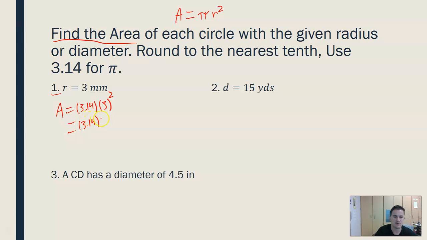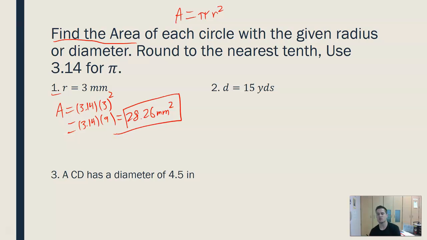So the area is 3.14 times 9. 3.14 times 9 is 28.26 millimeters squared. When we're talking about area, we're talking about squared units. So whenever we write the units of an area, we write the units squared. So 28.26 millimeters squared. Or in other words, that's how many square millimeters I could fit over the top of that circle.